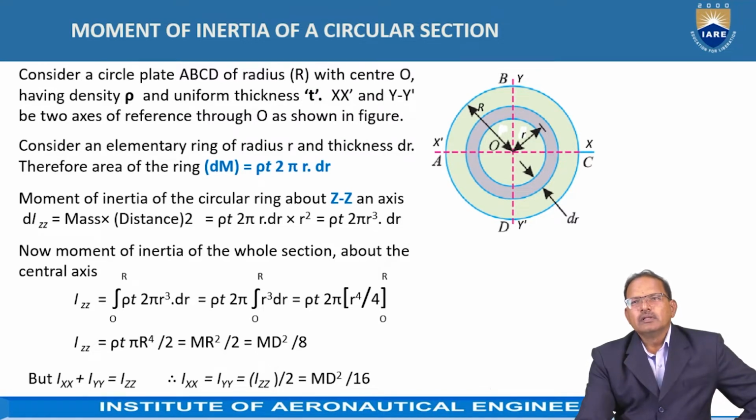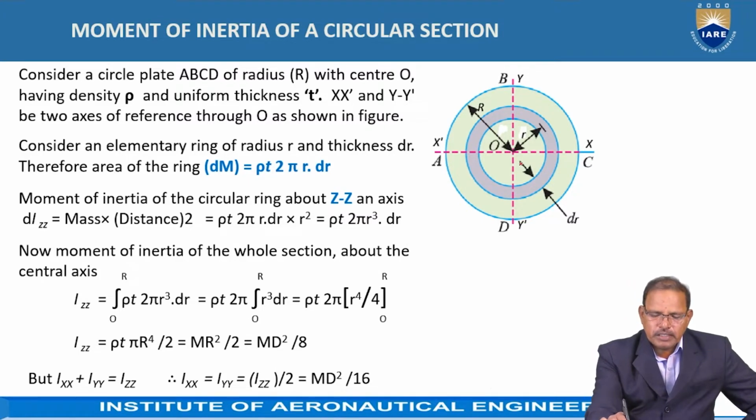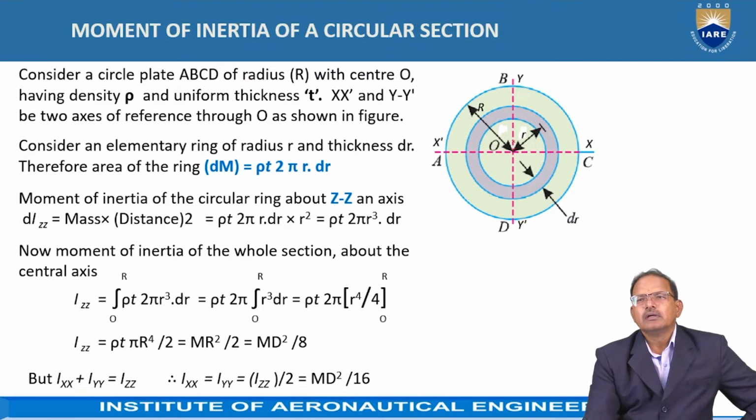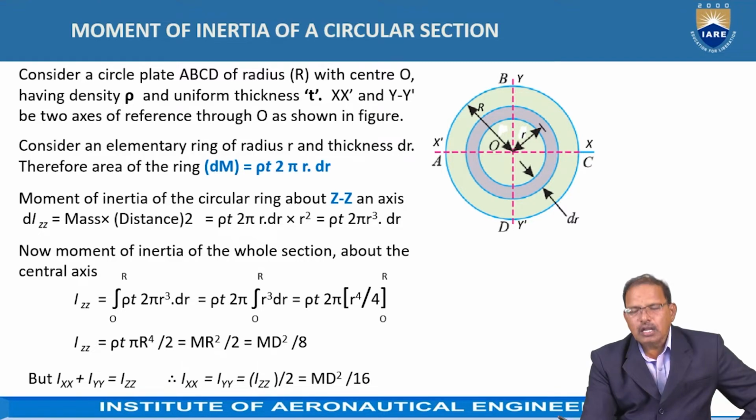Let the x axis be the central axis passing through the center of the circle in the horizontal direction. Similarly, y is the central axis in the vertical direction, and z is the axis passing through the center of the circle and perpendicular to the plane.